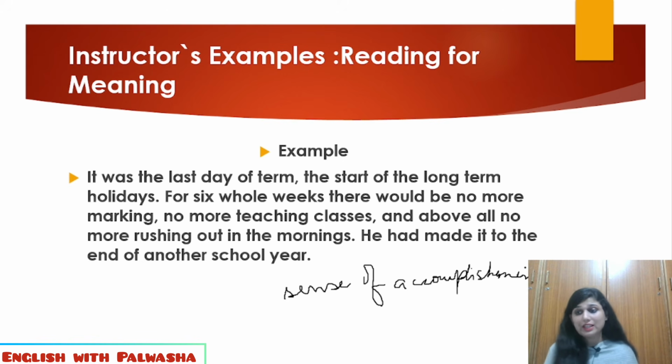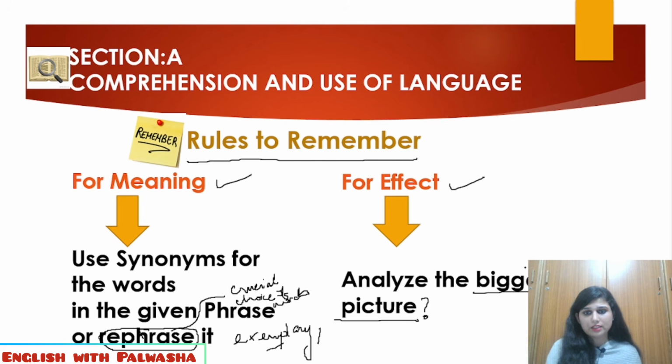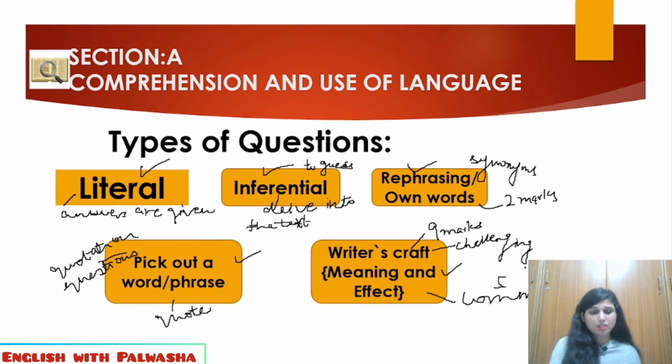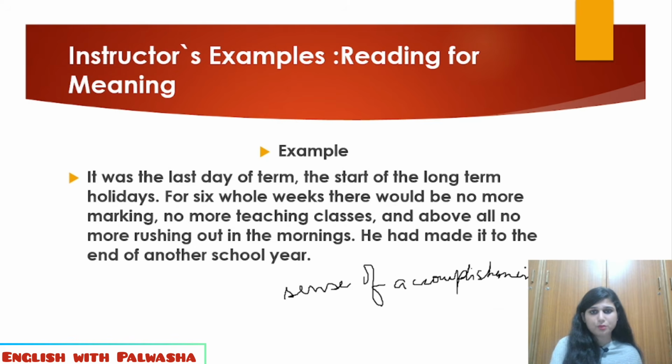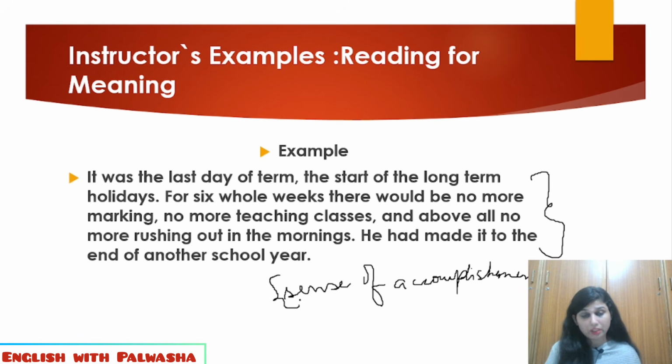So this part, I am telling you, if you go back, is going to be the writer's effect, writer's craft, meaning and effect, where you have to understand the effect. And this whole paragraph is creating the sense of accomplishment, where you have to explain in detail, being a critic, what it is actually creating the effect of.